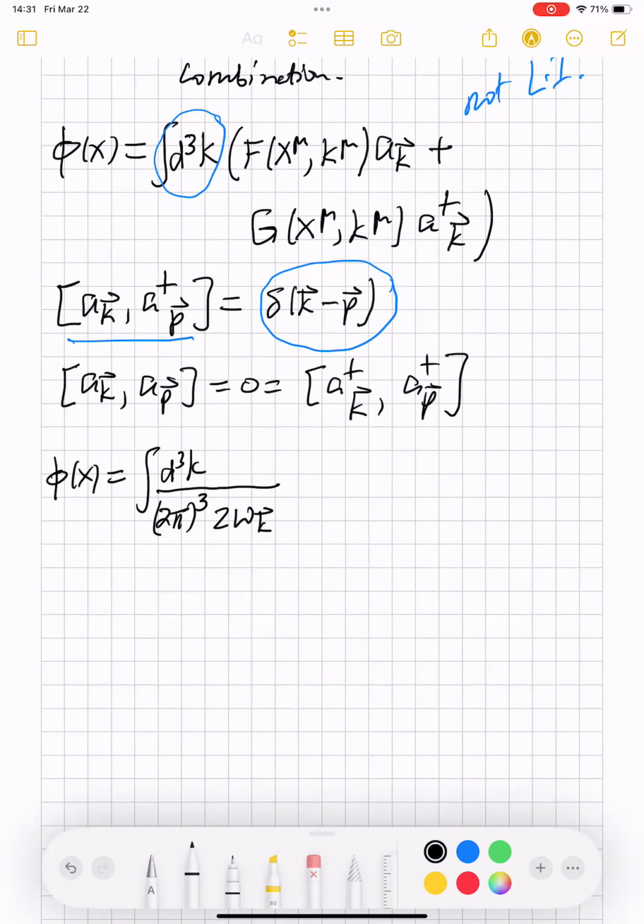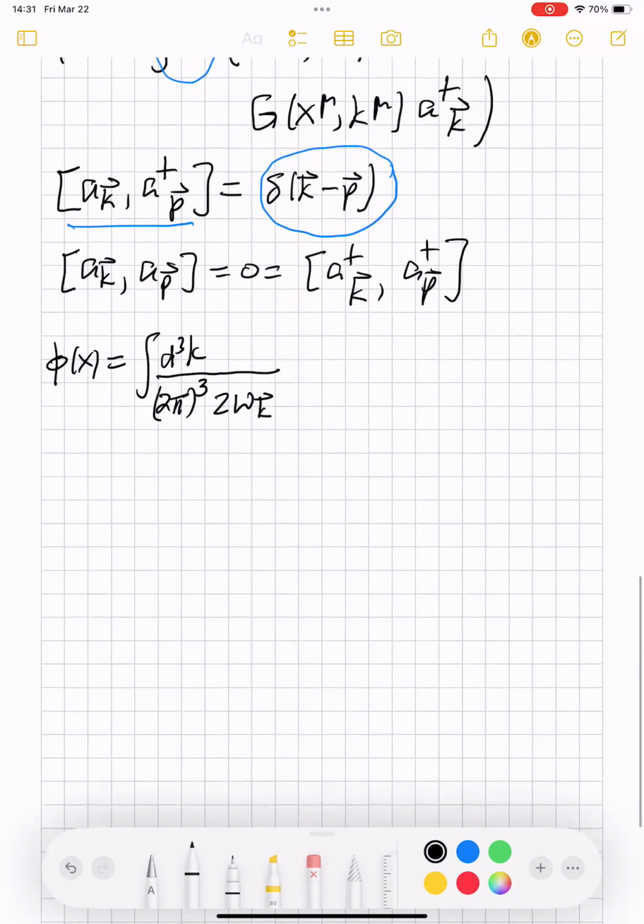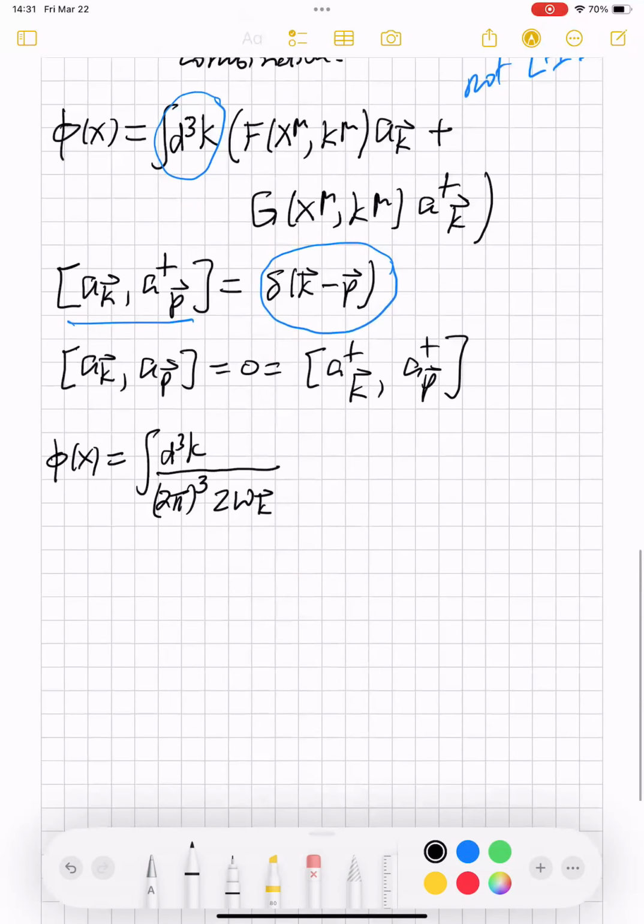And omega k, as usual, is the square root of k dot k plus m squared. What's now nice about this integration measure is that it is Lorentz invariant. Every inertial observer will use that measure.